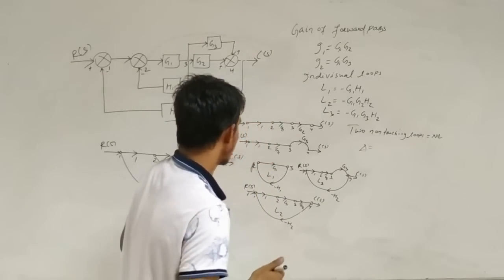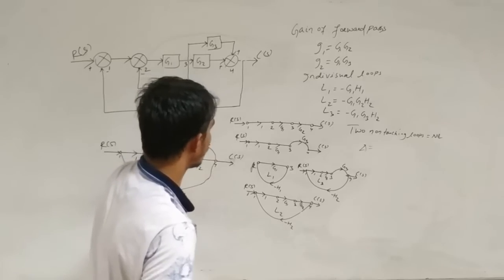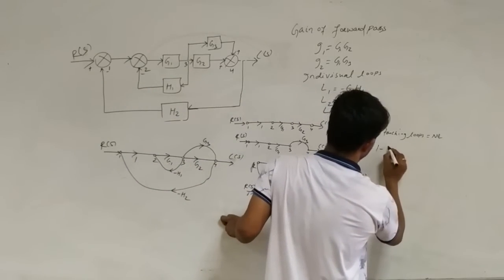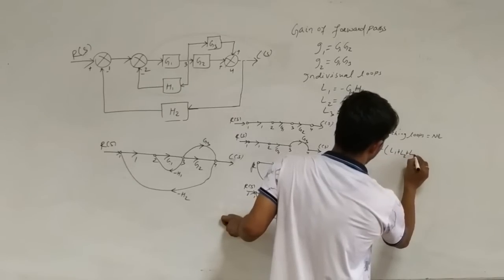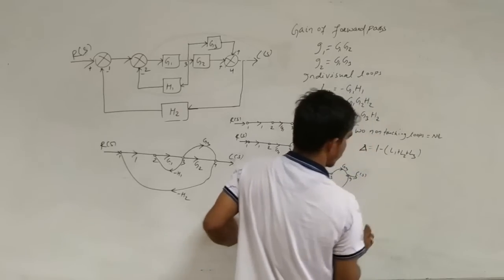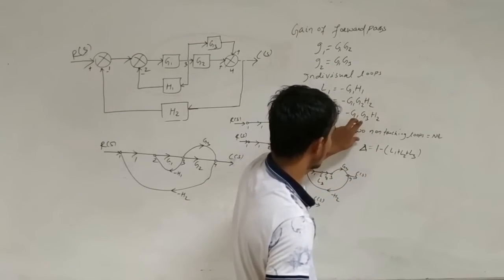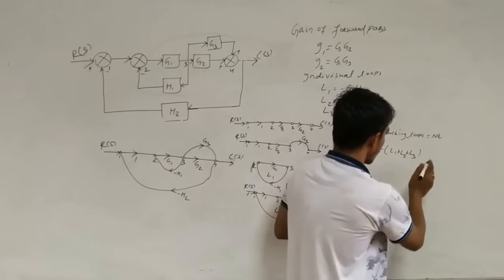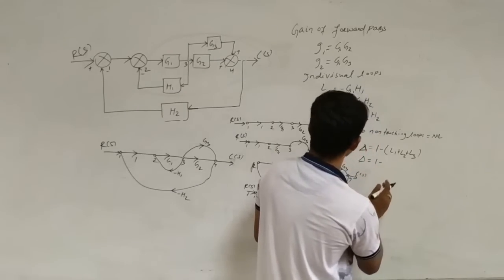So 1 minus individual loops, that is 1 minus L1 plus L2 plus L3, or two non-touching loops. There are no two non-touching loops existing. So delta equal to 1 minus L1 plus L2 plus L3.